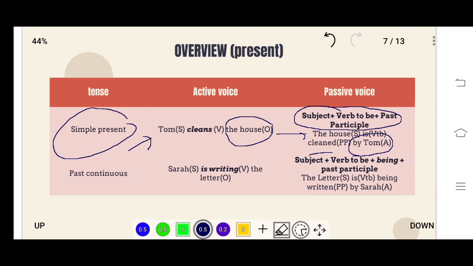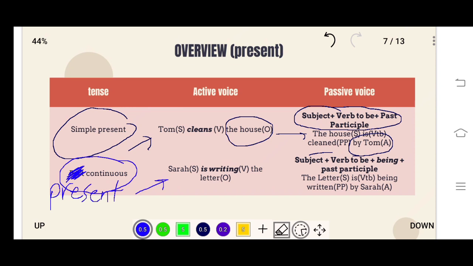We move on to the next one, past continuous tense. Sorry, this is not past continuous, this is present. Sorry for the mistake. This is present continuous tense.